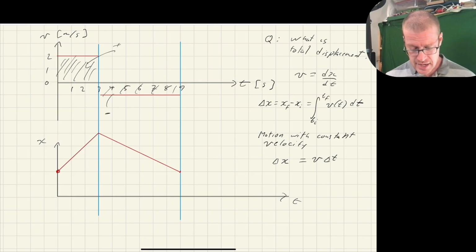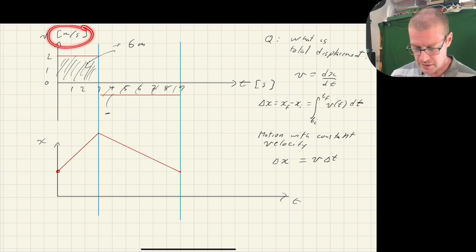And this is just a nice rectangle. It has width 3 and height 2. And so this is 6 meters. And the meters comes about from, we have a meters per second here and a second here. Meters per second times second is meters.